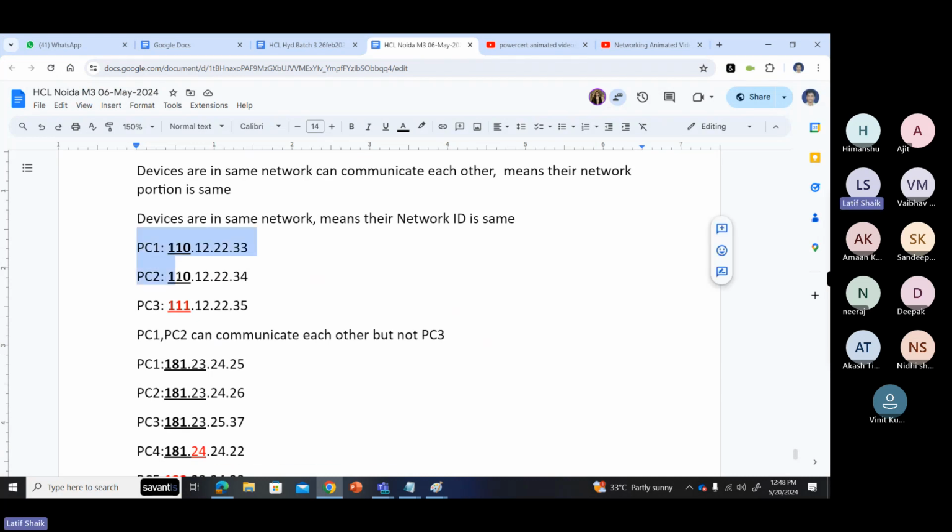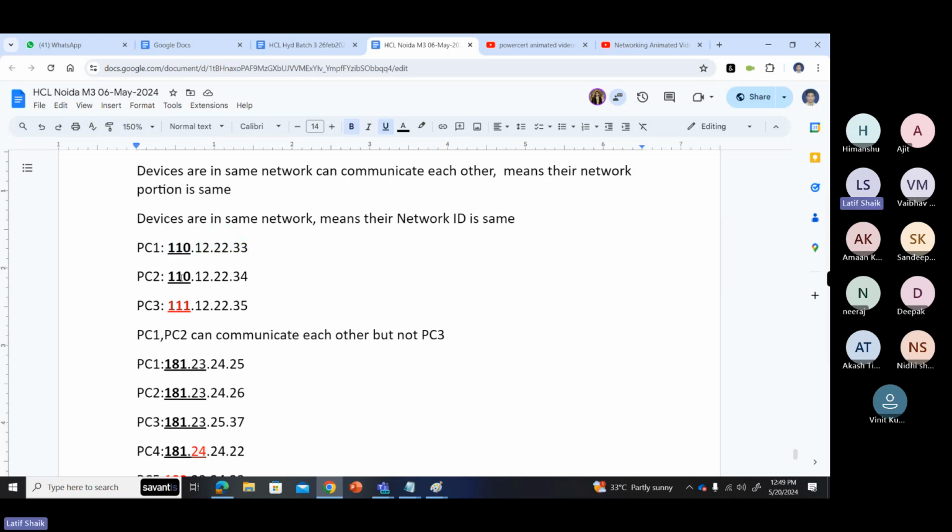So here I have given an example: PC1, PC2, PC3. Which class of IP address is it? Very good. It is class A, and the first octet is the network portion. The remaining are host portions.